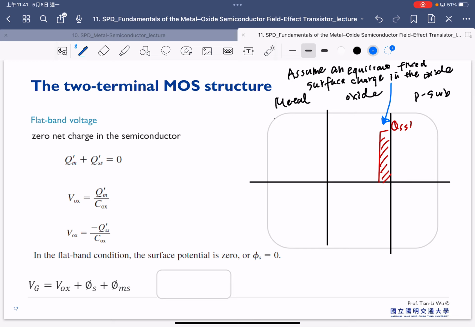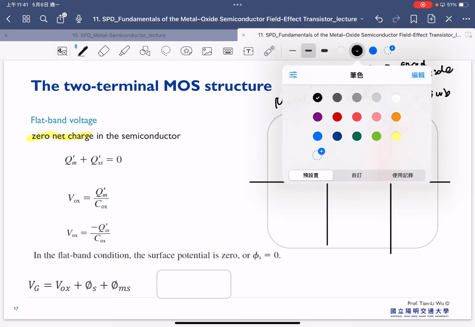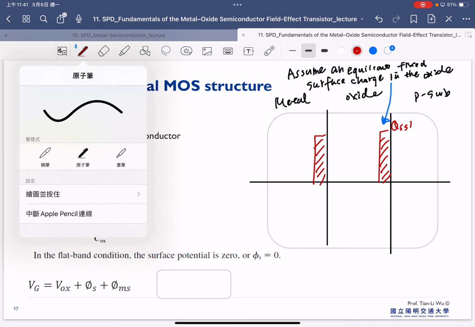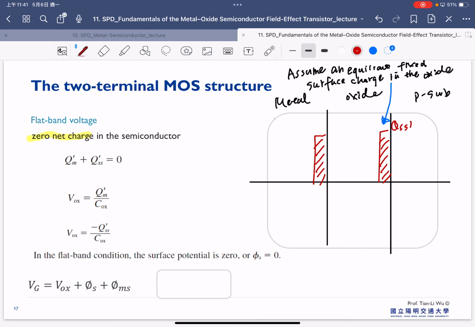Which is here. And now, because this is a zero net charge here, that means the Q_M prime here, the charge, because we apply the flat band voltage, these two will be equal to 0, because in here we don't have the space charge.